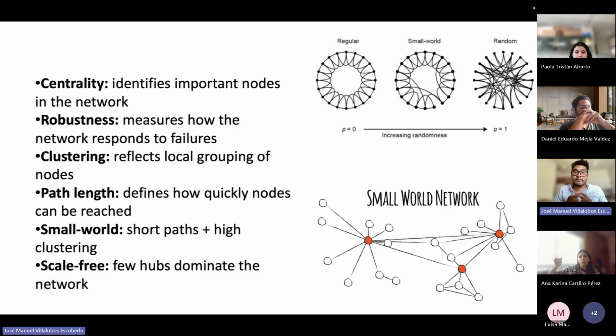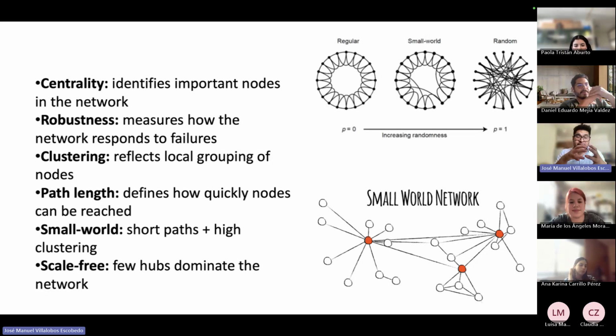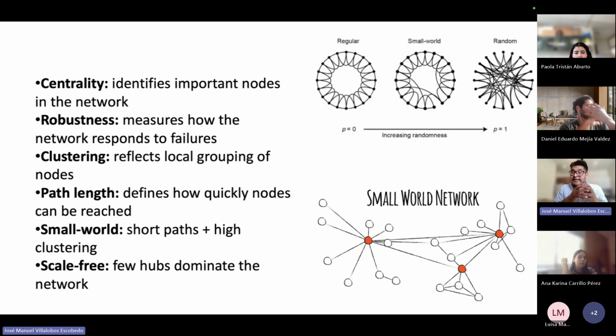Clustering is how the nodes form local groups. Path length describes the distance between two nodes, and from this property comes the diameter of the network. Also, we can talk about the small world, where nodes are separated by super short paths between two nodes, and scale free, which means that some nodes dominate, and some are not super connected.